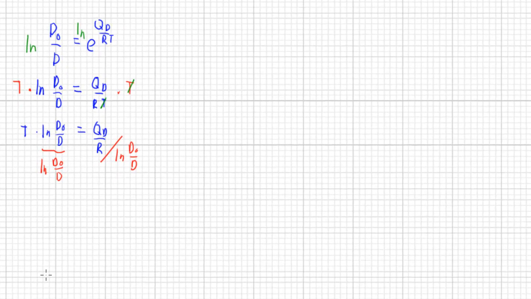And I'm almost done. I have my expression for the temperature. So the temperature equals QD over R times the natural log of D naught over D. And I'm going to plug my numbers in here.